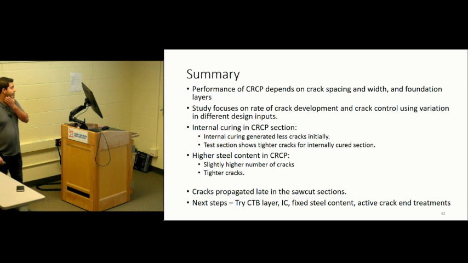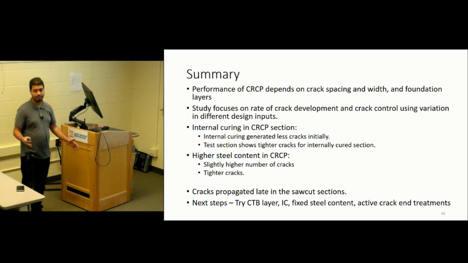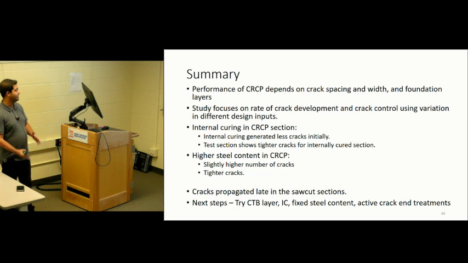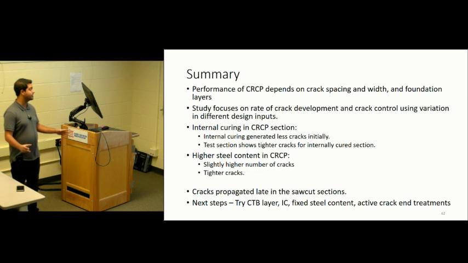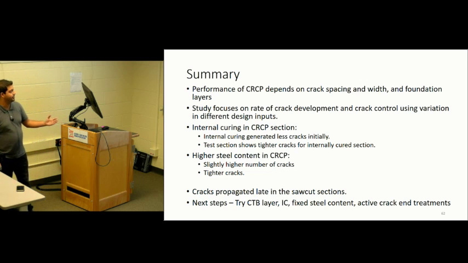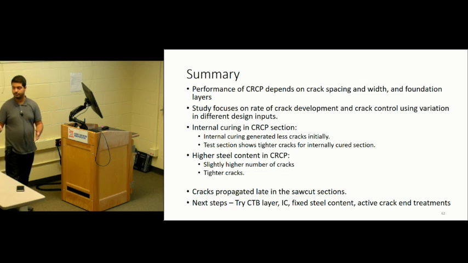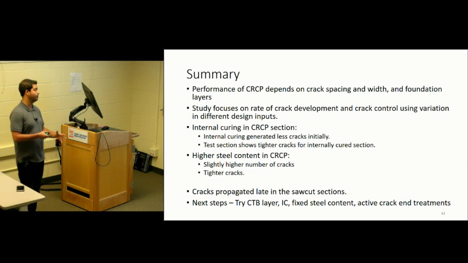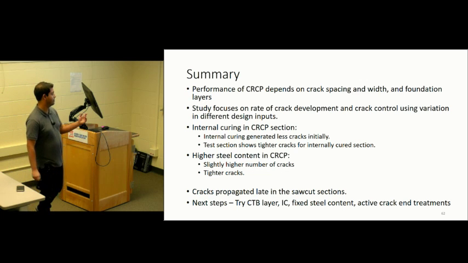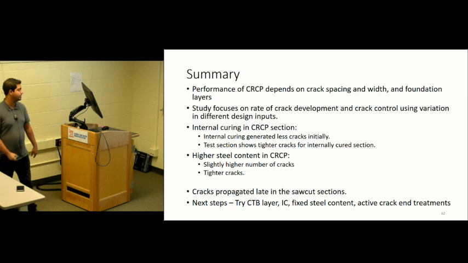So in summary, the performance of CRCP depends on crack spacing, width, and foundation layer. The study focuses on the rate of crack development and crack width control. Internally cured CRCP is a very good option for controlling crack width and spacing, as we saw from some of our early observations.